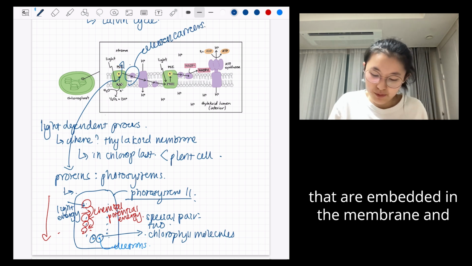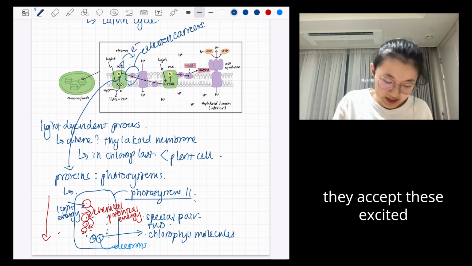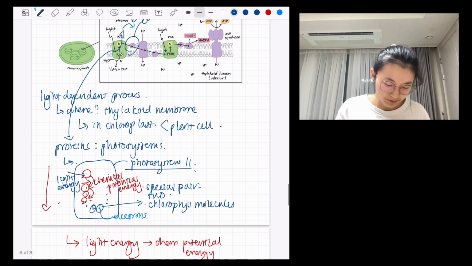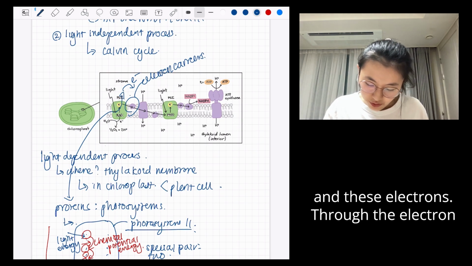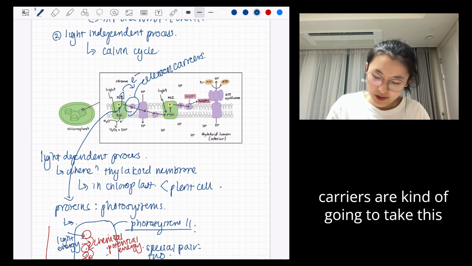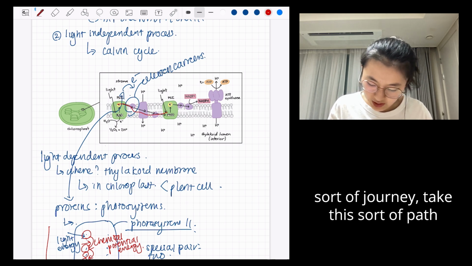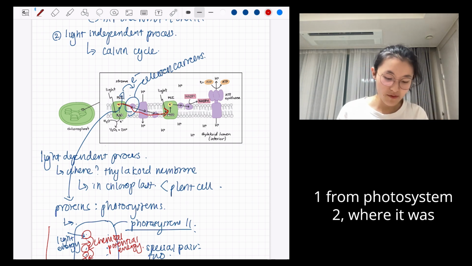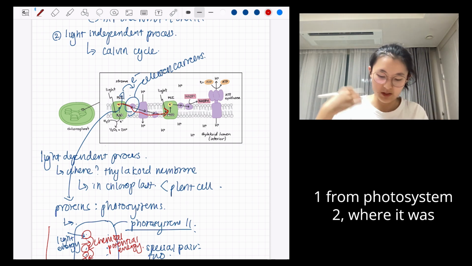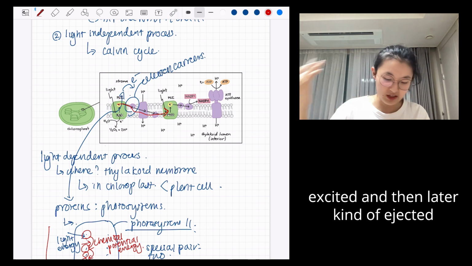These electrons, through the electron carriers, are going to take a path where they move into photosystem 1 from photosystem 2, where they were excited, and then later ejected and escaped.